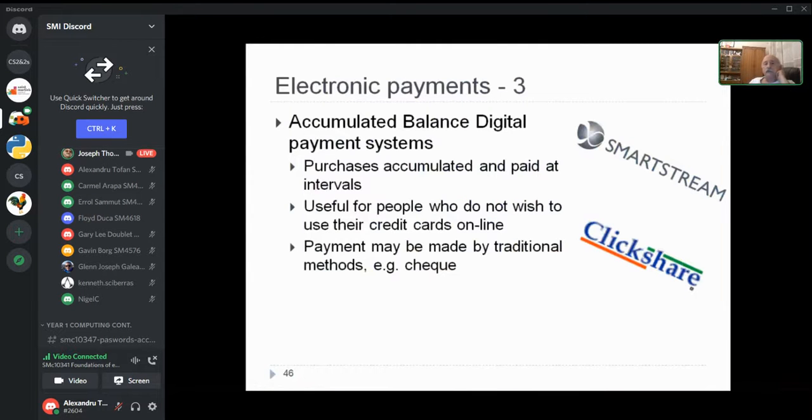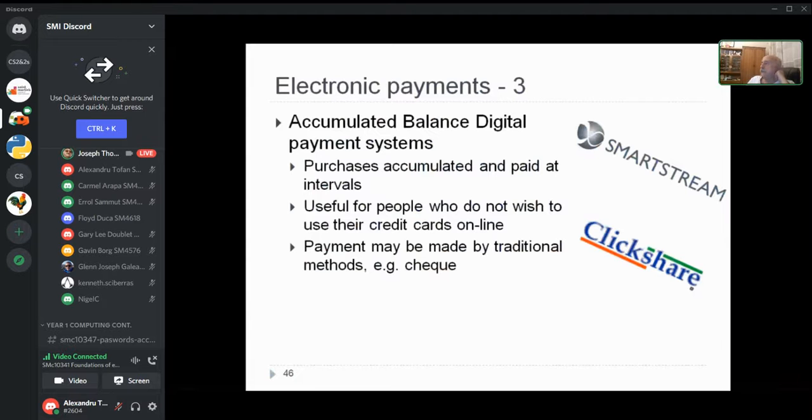Another way of making payments over e-commerce is by using an accumulated balance digital payment system. Here, the purchases are accumulated and paid at intervals. It is like using a credit card. However, it is not using your credit card. It is useful especially for people who do not wish to use their credit cards online.